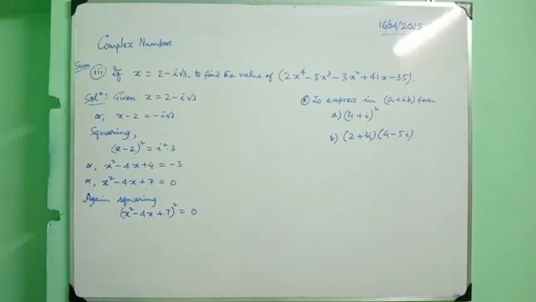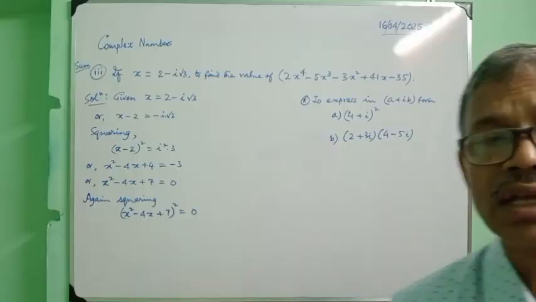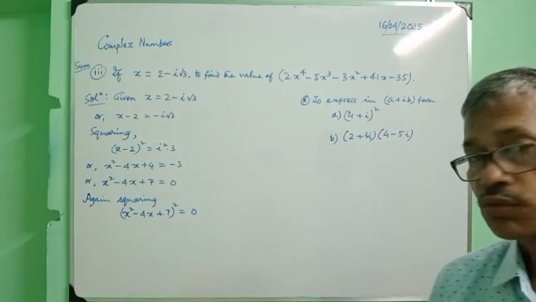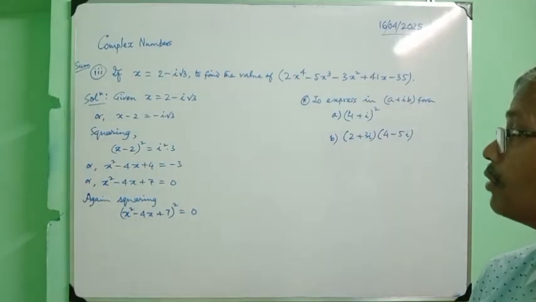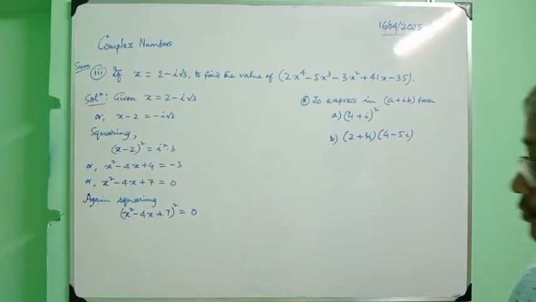We have to use here the identity of the form a plus b plus c whole square, that is equal to a square plus b square plus c square plus 2ab plus 2bc plus 2ca.